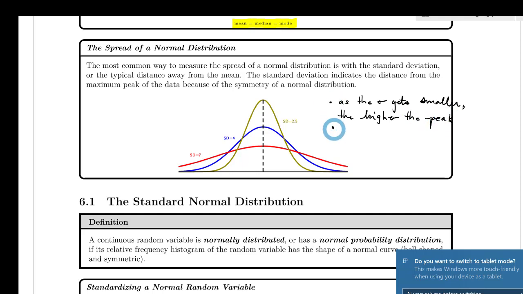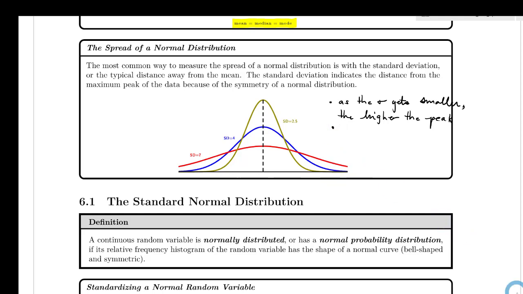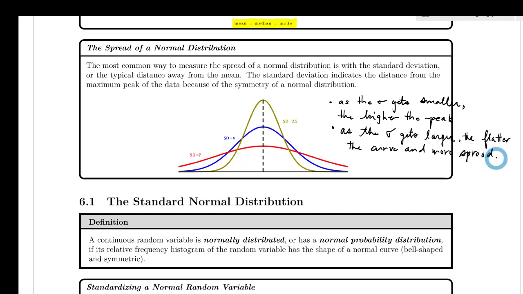And then we could say, as the standard deviation gets larger, the flatter the curve, and more spread. Okay, so that's what we talked about. We talked about the shape, the center, and the spread.